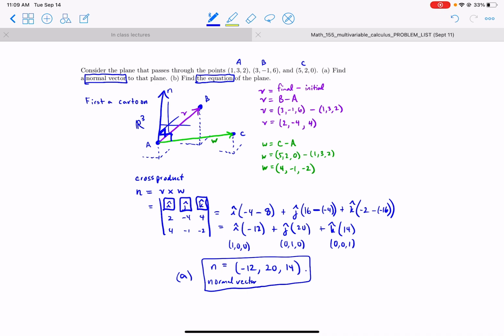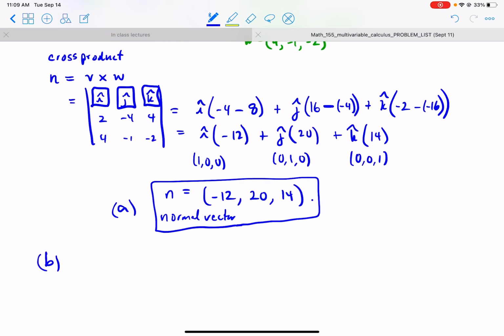How do I get part B? Find the equation of the plane. Well, if I have a normal vector, then the plane is going to be n dot x for x some variables. And so essentially I just put these numbers in front of my three variables. So let's say -12 x1 plus 20 x2 plus 14 x3 equals some number.